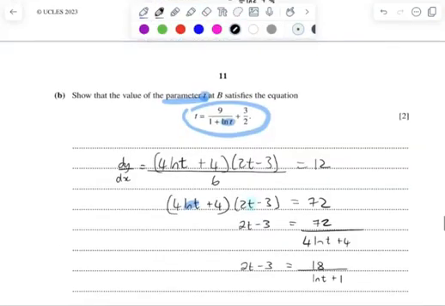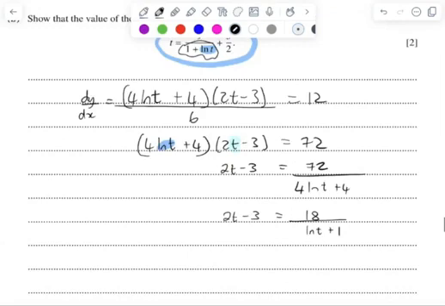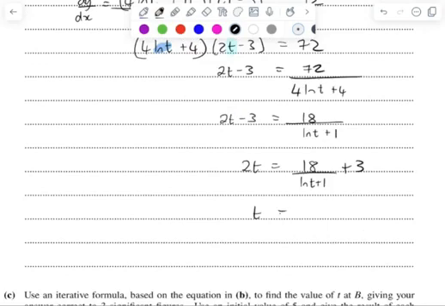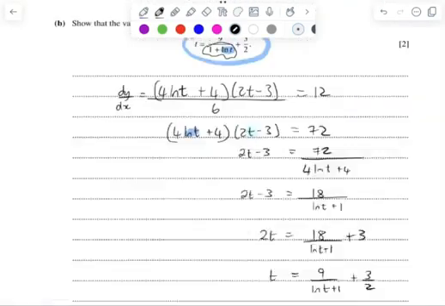Okay. Right, so we're getting something that's looking a little bit similar over here. Now I'm going to take my 3 to the other side. That becomes a plus 3, and then now I'm dividing by 2. And that becomes 3 over 2. All right, we got to what we needed.